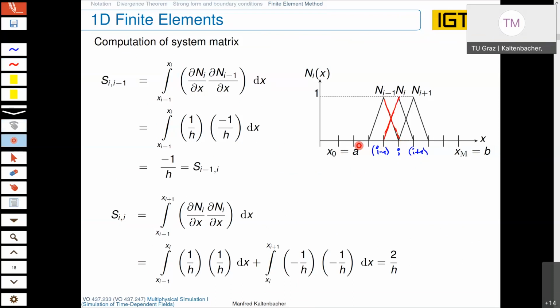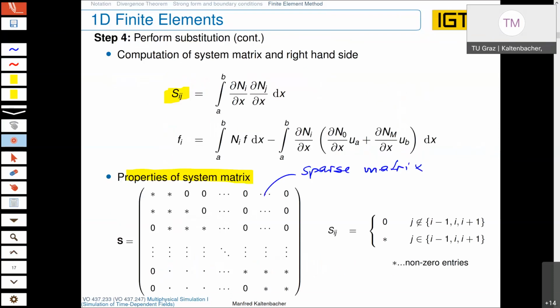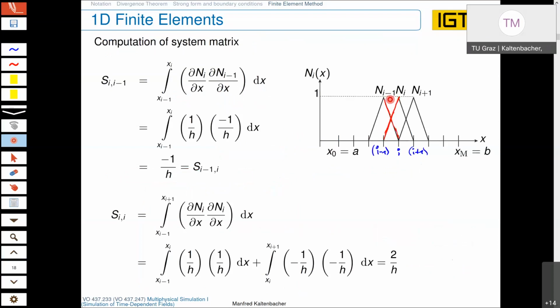So it's not necessary, and that also brings a lot of efficiency, especially when you think of 2D or 3D. We do not compute the entries by evaluating the integral over the whole computational domain, just over these small domains where the basis functions, as shown here, have an overlap.